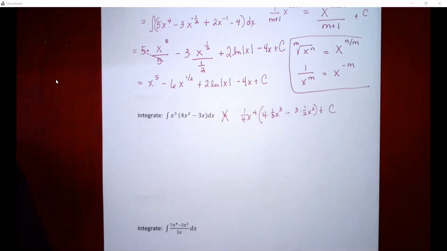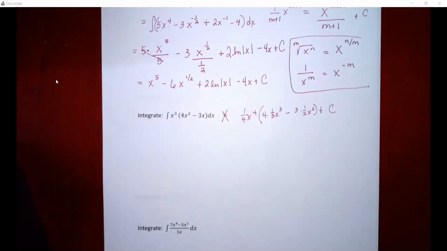We will, in early chapter 8, talk about a method for reversing the product rule. But at this point, with our basic integral forms, we only know how to integrate things that are added to or subtracted from each other.